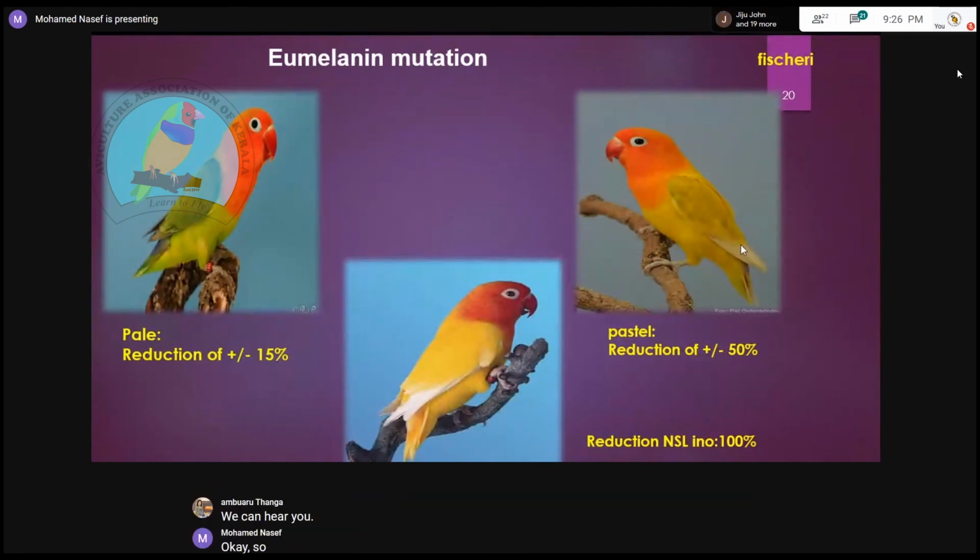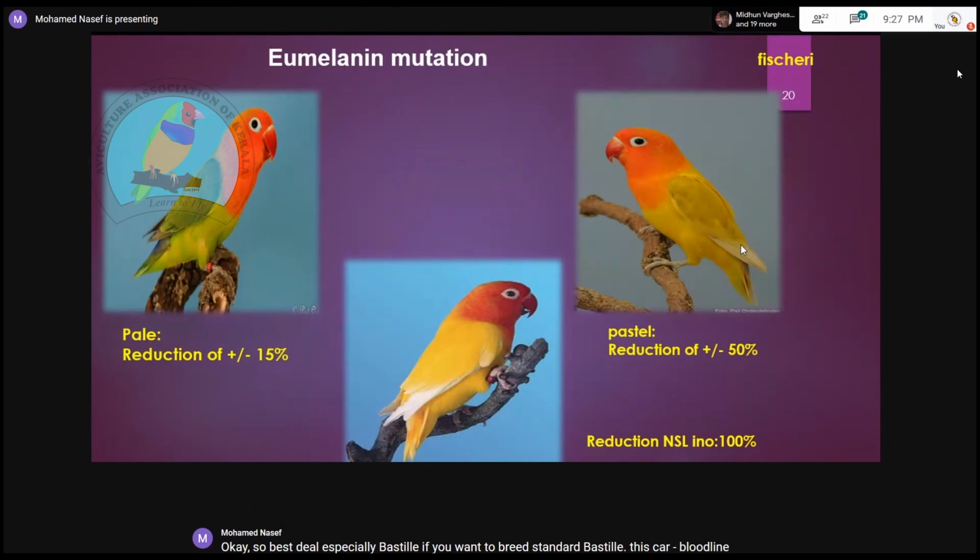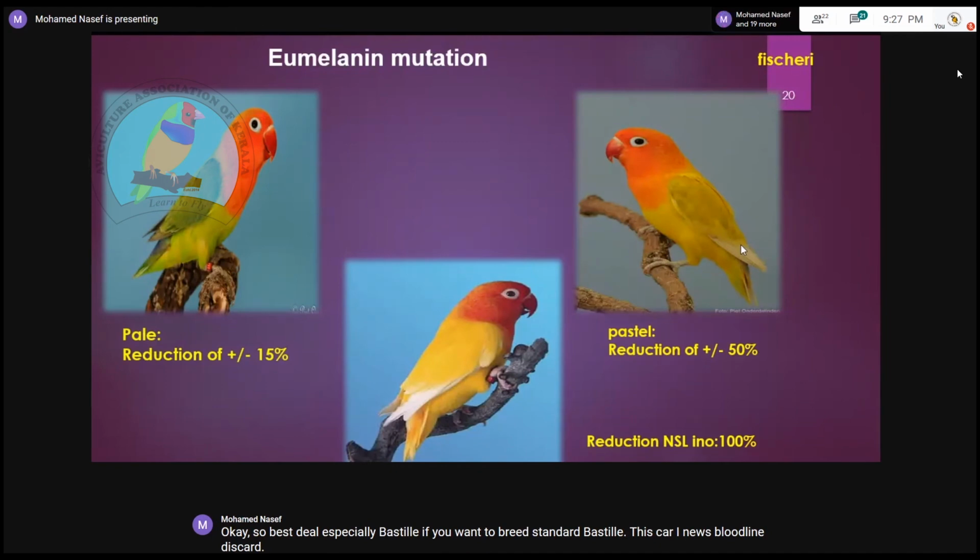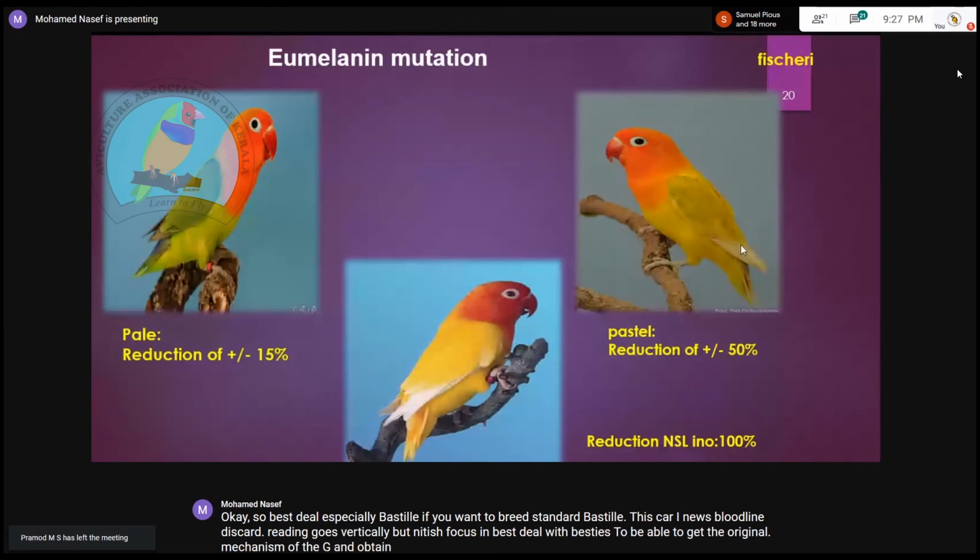So pastel, especially pastel, if you want to breed a standard pastel, discard the Ino bloodline, discard breeding with dark eye clear birds. Focus on pastel with pastel, to be able to get the original mechanism of the gene and obtain the darker pastel you are searching for.